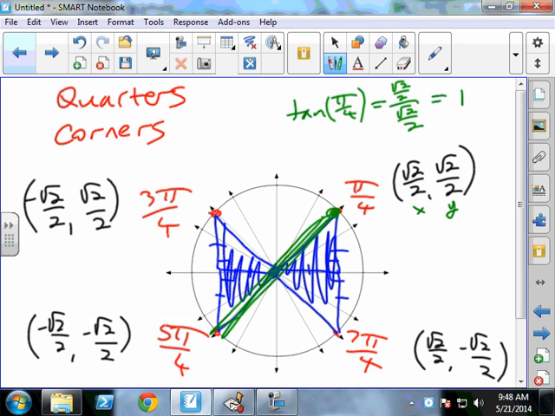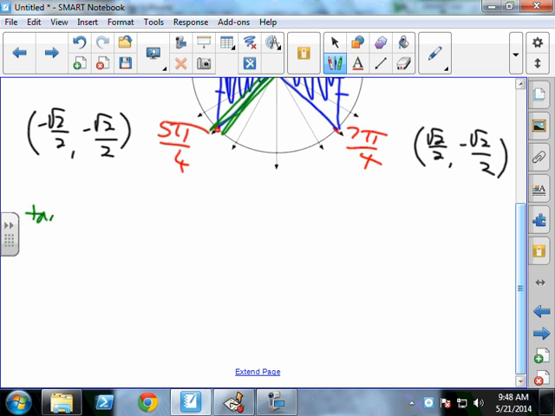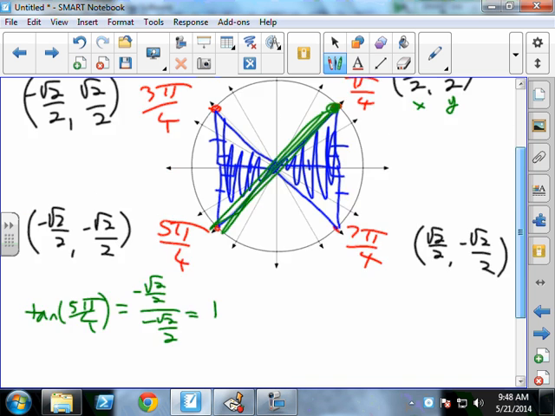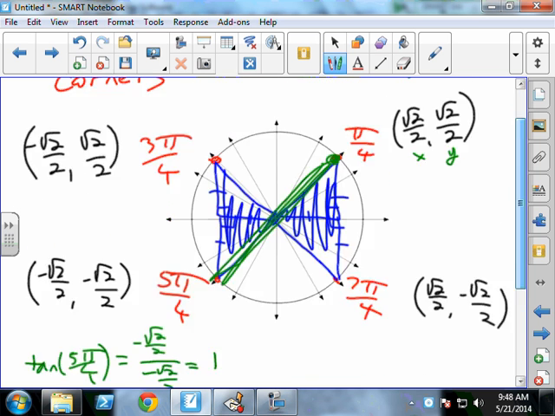You say, but look at all those negative signs down at 5 pi over 4. Is it different? Tangent of 5 pi over 4 is negative rad 2 over 2 over negative rad 2 over 2. Something divided by itself is 1. And again, those tangents 180 degrees out from each other are the same. It's 1 and 1.